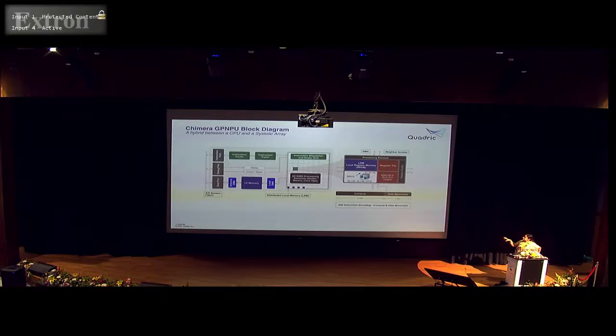So now this is our whole architecture. We call it Chimera because different parts of the architecture are capable of doing different things, and so it is the Chimera GPNPU.